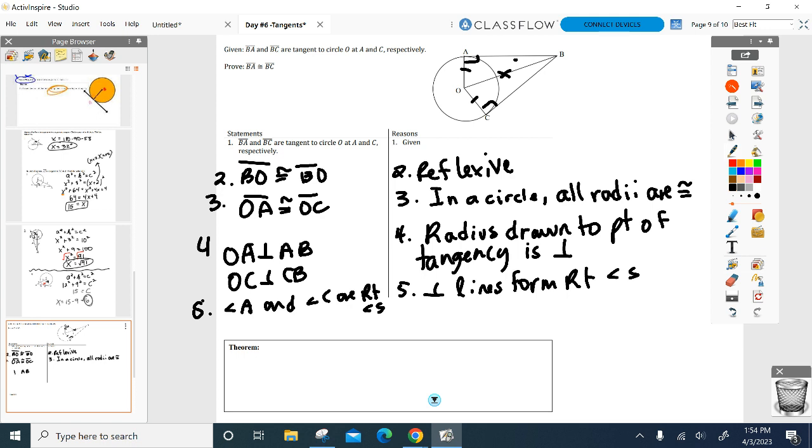Before I write they're congruent by HL, anybody remember the in-between step? Got to say, Emma? Got to say they're right triangles. Triangle ABO and triangle CBO are right triangles.